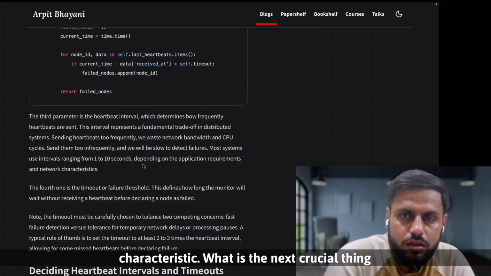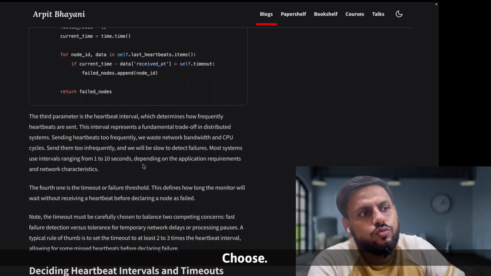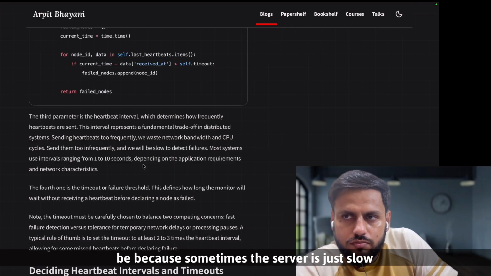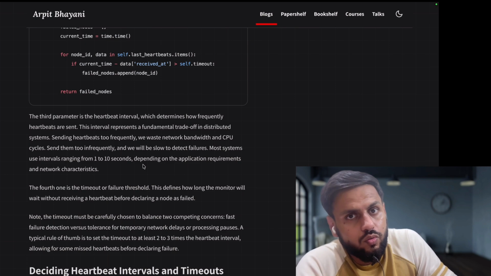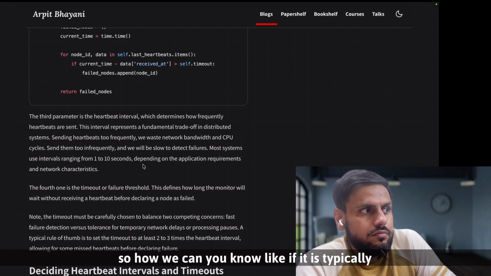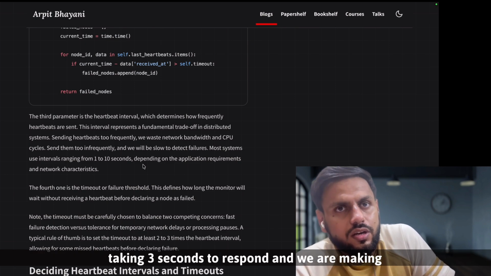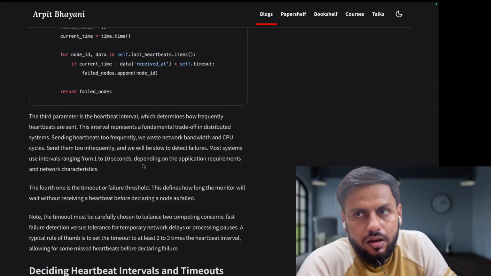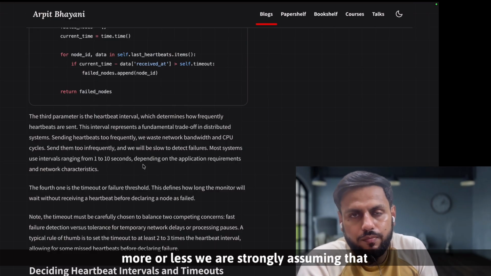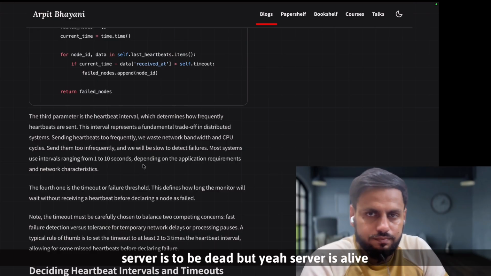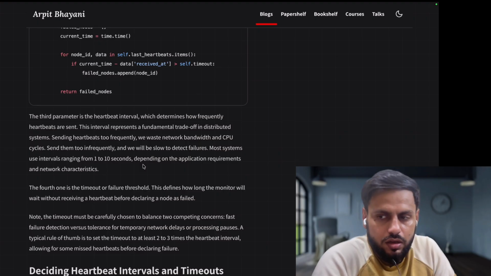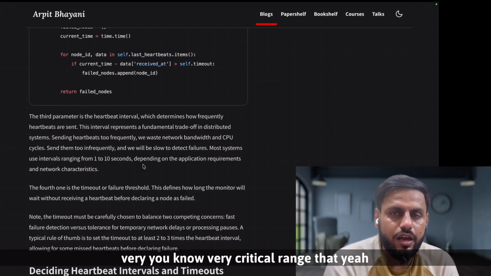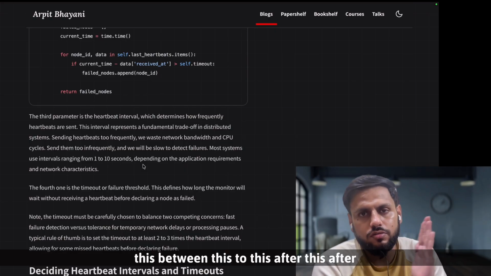The next crucial thing is how to choose the heartbeat interval, how much it should be, because sometimes the server is just slow. If it typically takes 3 seconds to respond, and we have set a 2 second heartbeat, then we are wrongly assuming the server to be dead, but that server is alive. So we need a very calculated, critical range: between this and this.